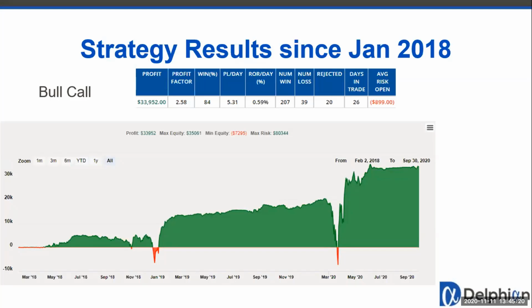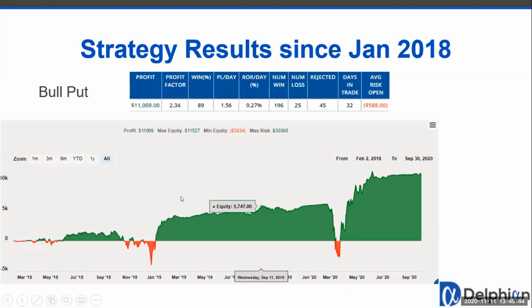You can use state modeling for that, or whatever method you want. But all of these are bullish trades, so if you're not bullish on the market, I wouldn't be trading studies. Overall, obviously very profitable, but it can be susceptible when the market makes sharp drops. And similar for the bull put.